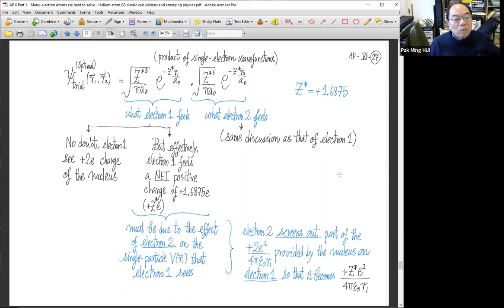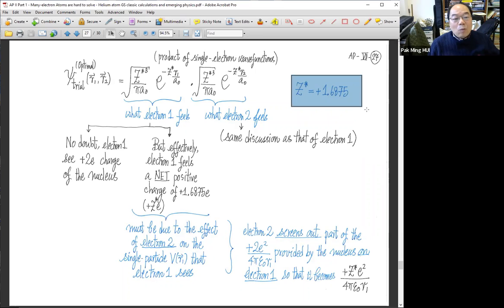Remember, our trial wave function has a Z in there to play the role of the variational parameter. After we did the calculation, the best value is a funny number. It is not +2. If the electron only sees the nucleus of a helium atom, it is +2e.